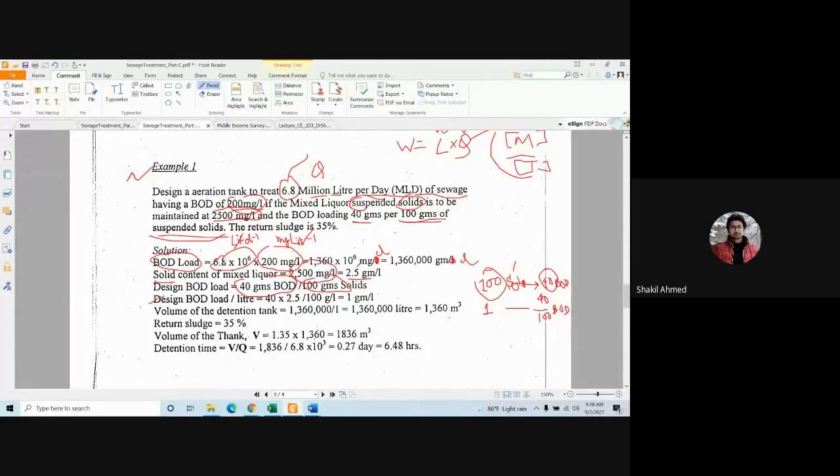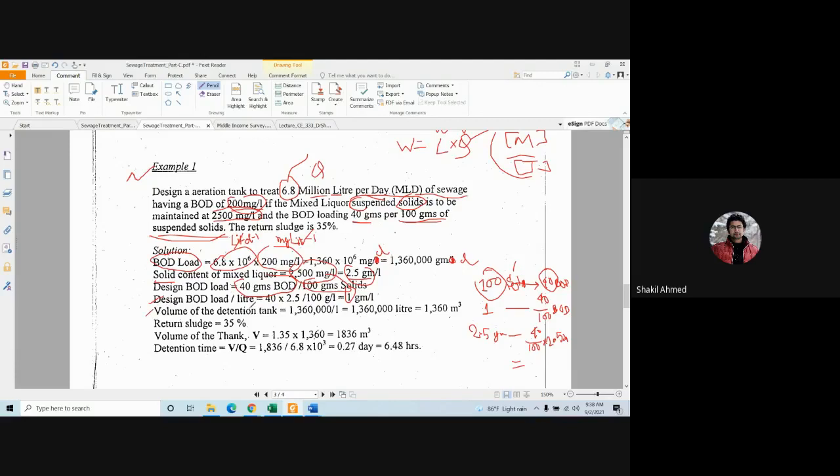Now, 2.5 gram solid contains how much? 40 by 100 into 2.5. Am I right? So if you do this, you'll get 1 gram BOD per liter of water.